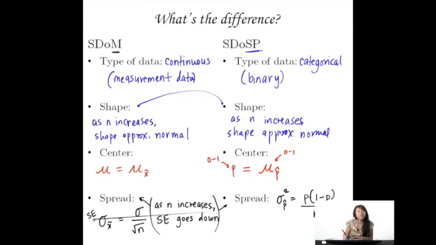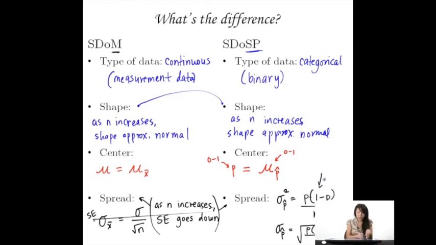And so if you wanted to find standard deviation, what you would see is sigma sub p hat equals the square root of p times 1 minus p over n. Now, we'll talk a little bit more about where this comes from in the next segment.